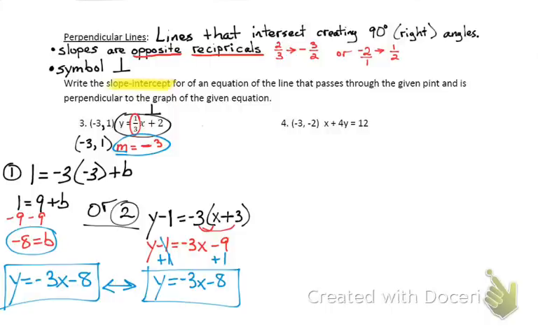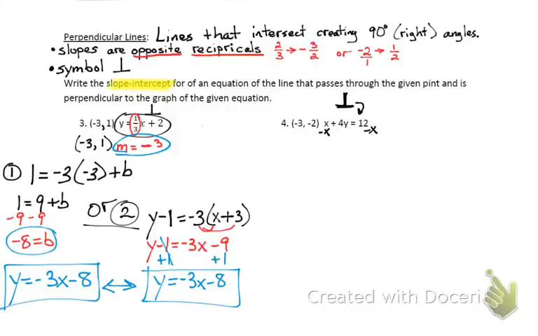And we're back, and hopefully with number 4 you realized the first thing you needed to do was to solve this equation for y, because you need to know what its slope is before you can determine what your slope is going to be. All I know is that your line is perpendicular to this line that they gave you.